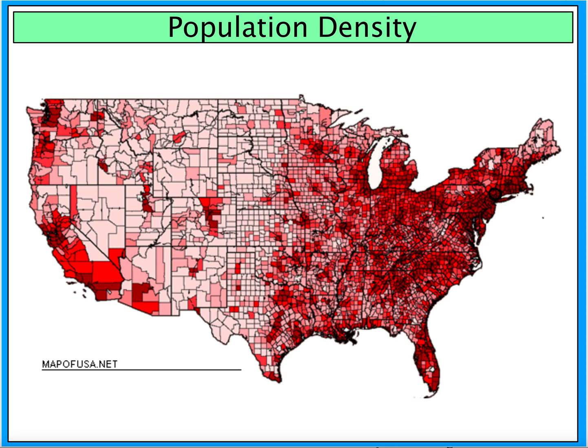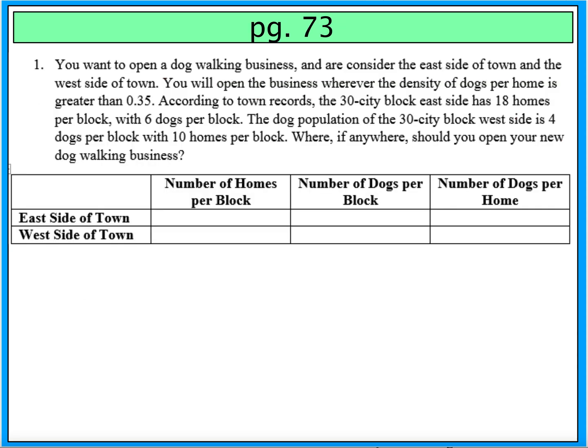A lot of it has to do with where people settled and the history of the United States, and how we came over to settle in the 13 colonies, and then basically the gold rush in California. All of those things really contribute to where people settle and why they are more densely populated than others. So see, we not only tie in with science, but we tie in with social studies. You can tell your social studies teacher.